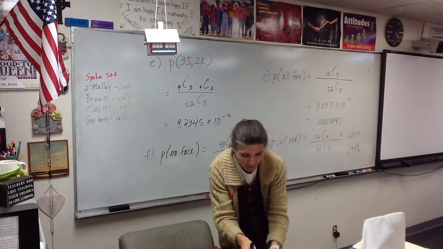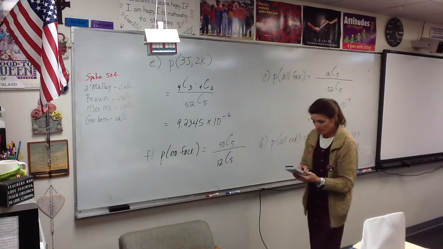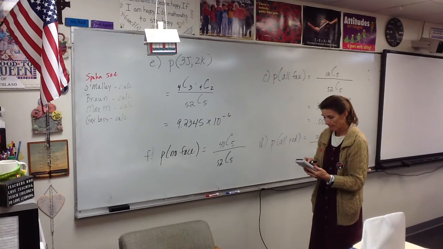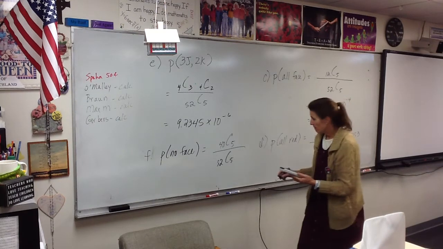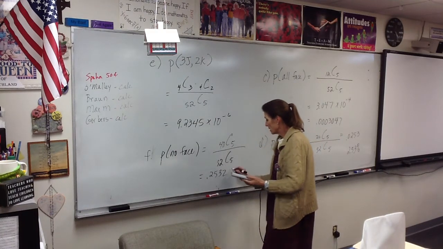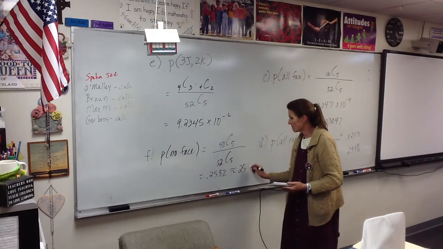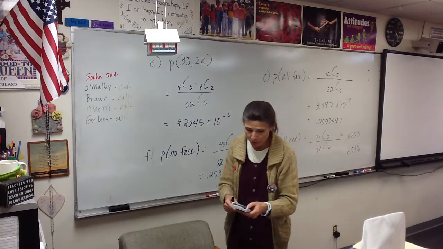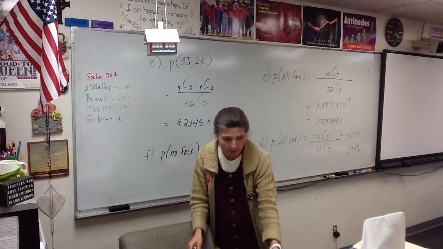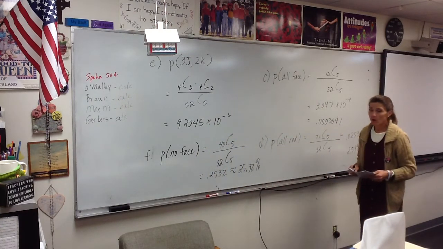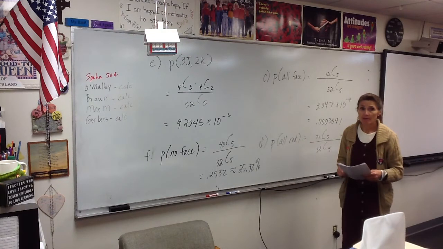This is going to be a bigger number. .2532, which if you want to say 25.32%, that's fine, or you can leave it as a decimal, 0.2532. So there's about a 25% chance that if you're dealt 5 cards, you won't have any face cards.